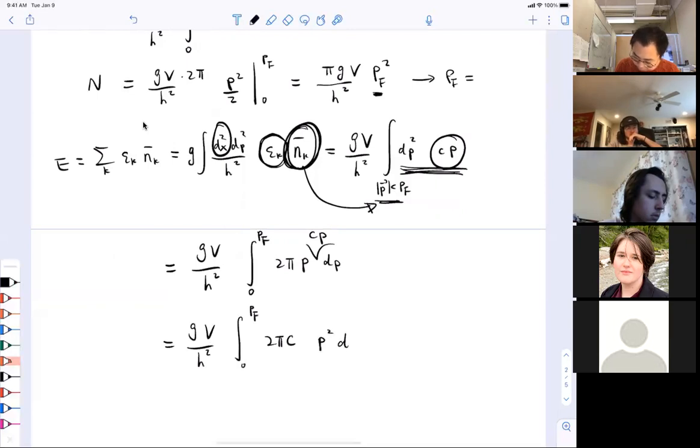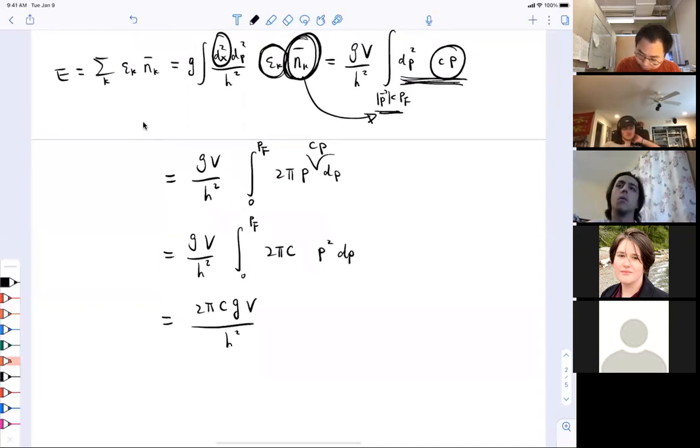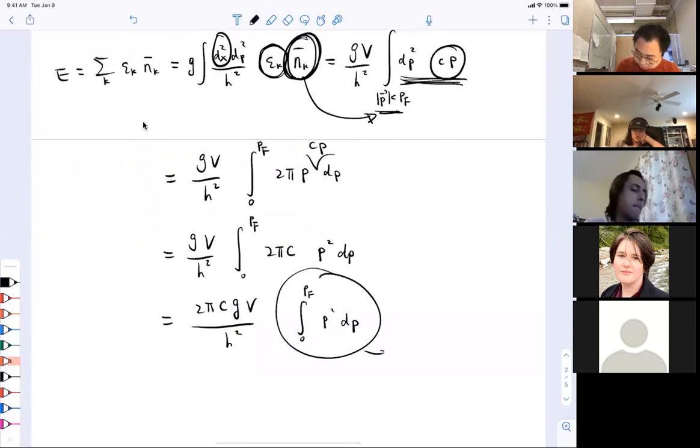p squared dp, which is 2 pi c GV over h squared times the integration. This is easy to do, which is just a third pf cubed.